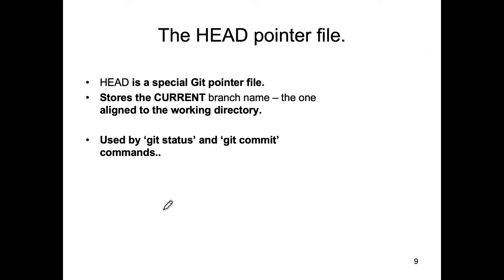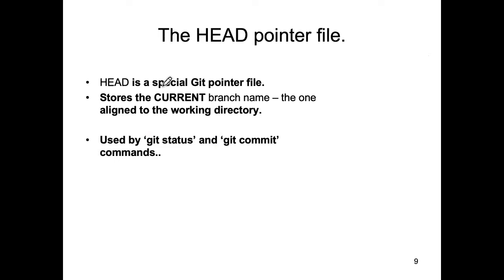Now there's this other special file called the head file, and the head file is referring to the particular branch file that you are currently committing to. So it's actually this head file that's how Git knows what branch you're currently working on.